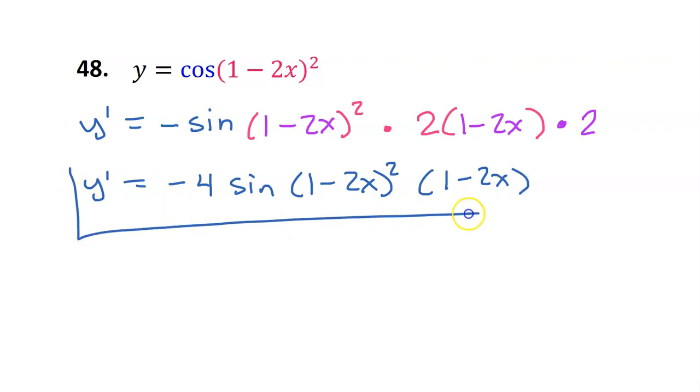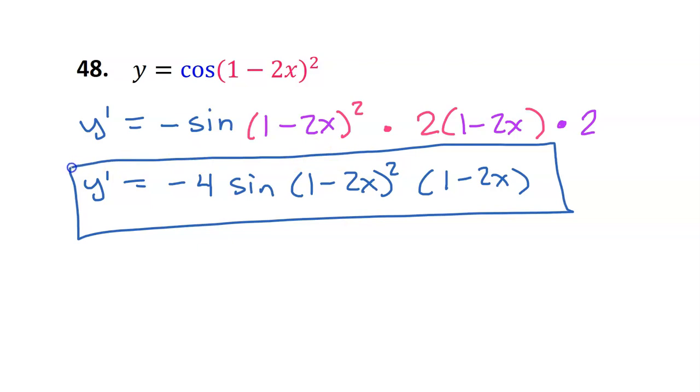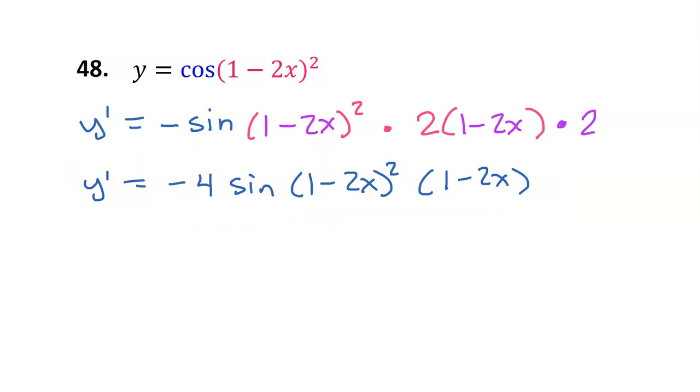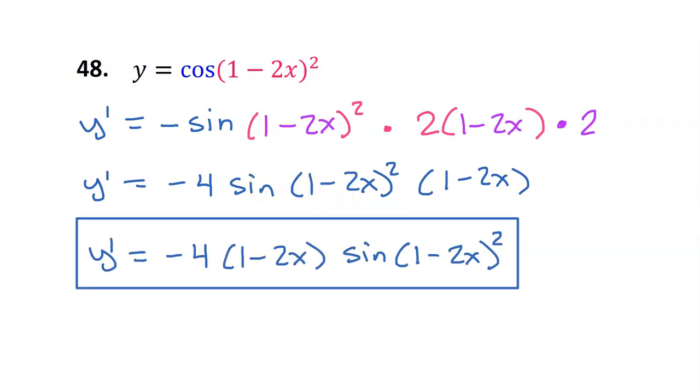So this is the derivative. You know what? We should probably take this 1 minus 2x and put it in the front so it doesn't look like it's inside the sine function with this other expression. So you should write your final answer like this.